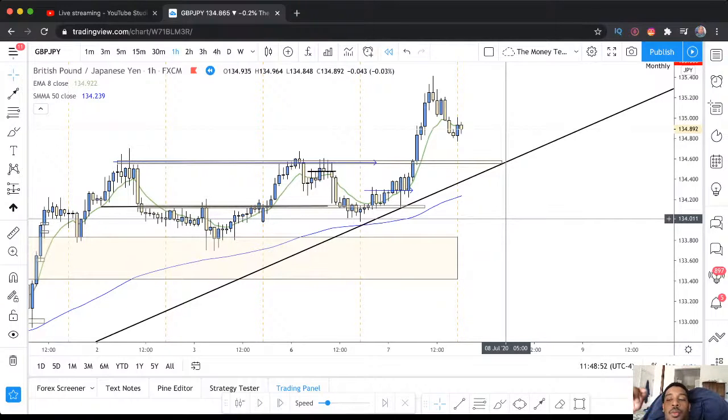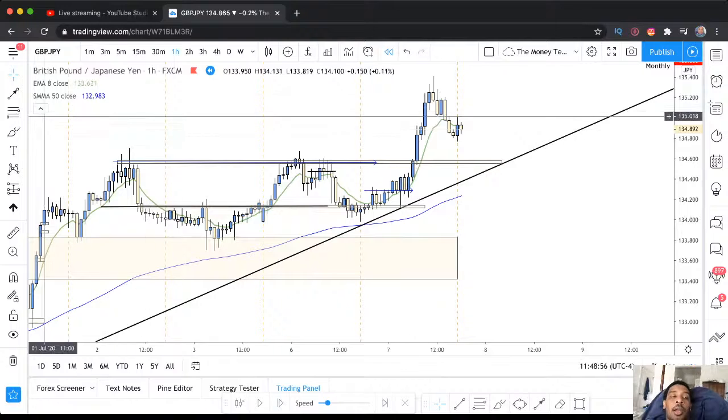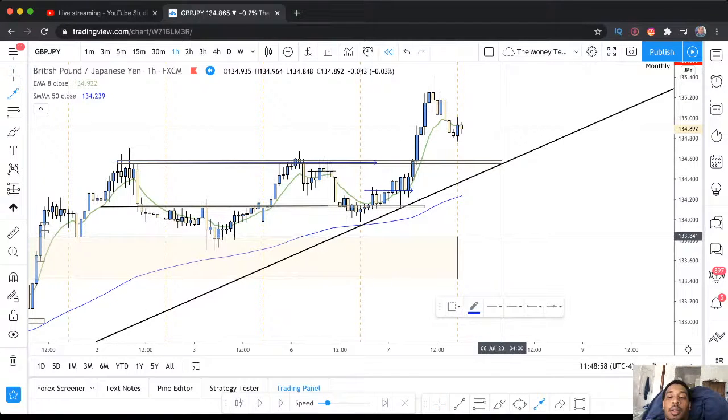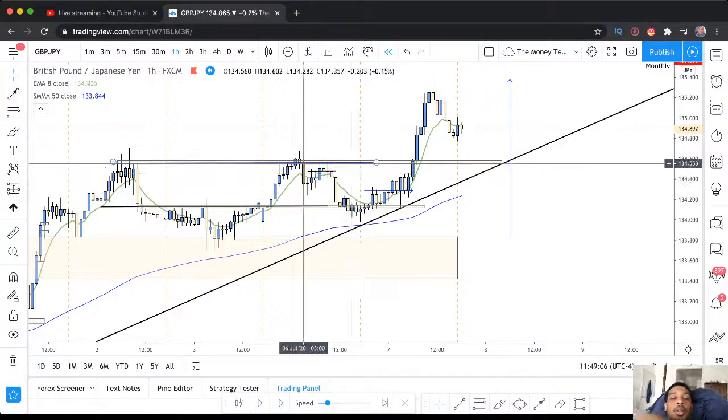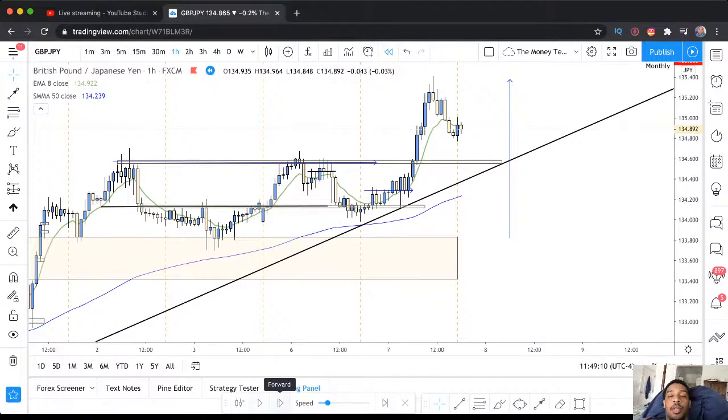So I want to put a line there. Not in the trade, but looking at the markets, right around here, so I'll mark that off. And then let's play the candles. Let's see what happens with London and Asian session.